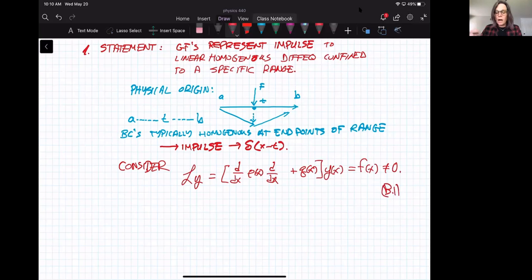Right, so we've gone over a number of cases on how you solve this when f of x is equal to 0. Now we want to look at the case when f of x is not equal to 0. And we're defining this on the interval between a and b.